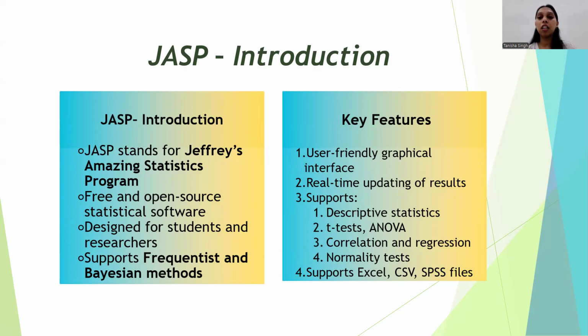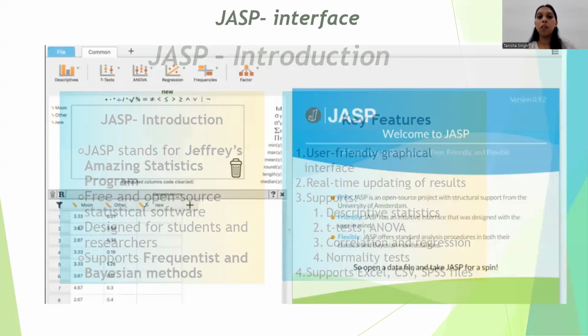Its key features: it is user friendly. You don't have to get extra knowledge or study differently to use JASP. You can do t-tests, descriptive statistics, and correlation. It supports Excel, CSV, and SPSS files.